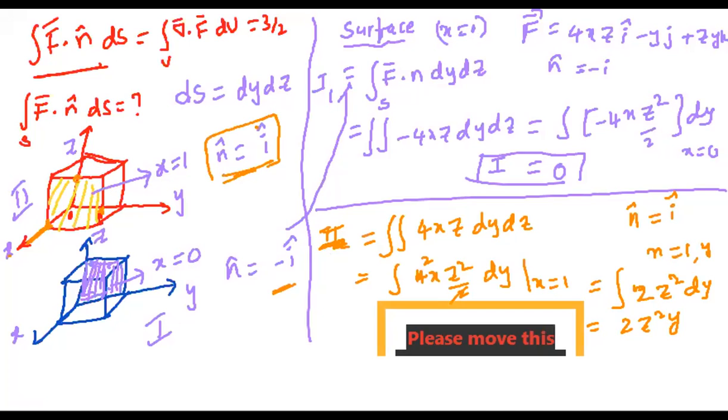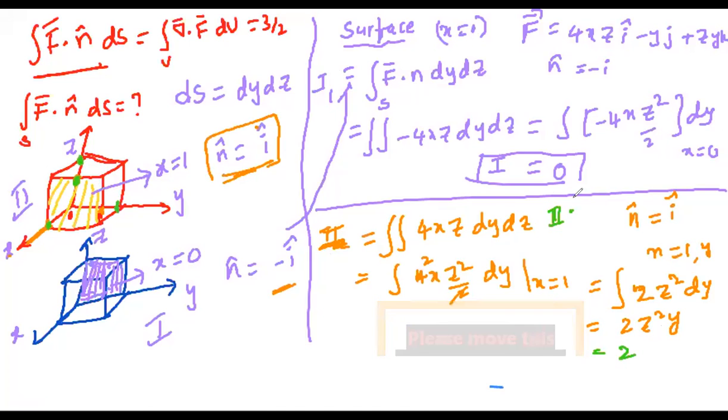If you look at the graph, all are unit distance from the origin. So x is equal to 1, y is equal to 1, z is equal to 1. So I am going to get 2 here. So for the second plane, I got 2.